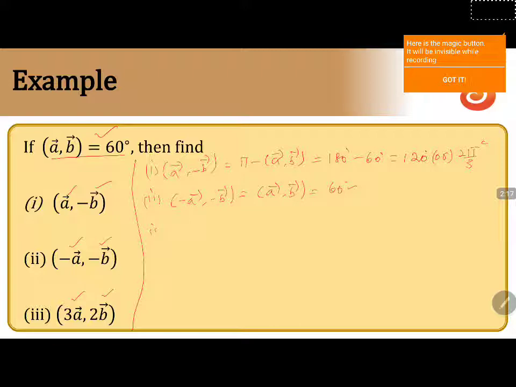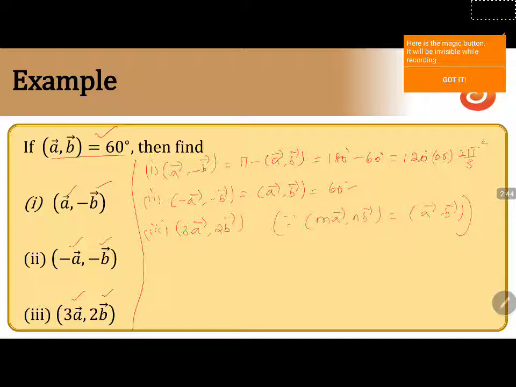Now coming to the third one, that is the angle between 3A vector and 2B vector. Here, seeing this third problem, we can use the formula: the angle between mA vector and nB vector is again the angle between A vector and B vector. Here m and n are scalars.